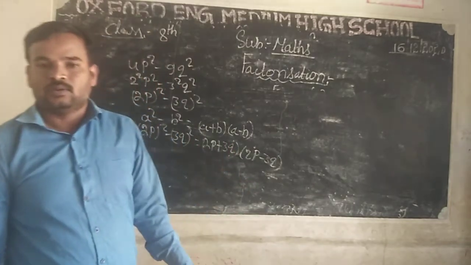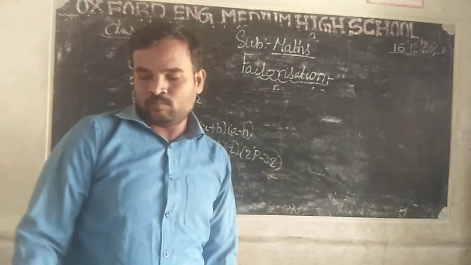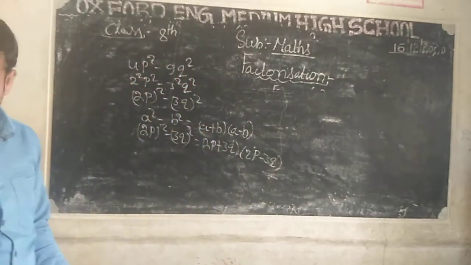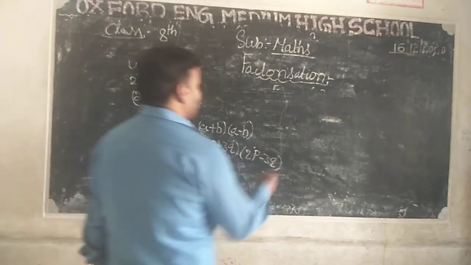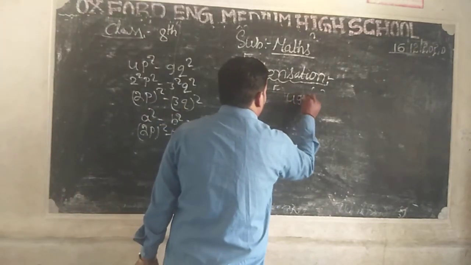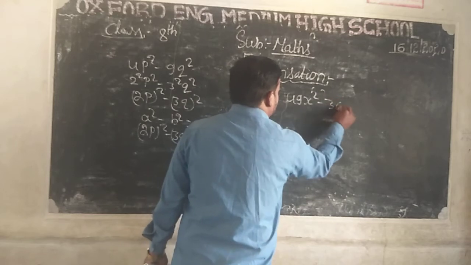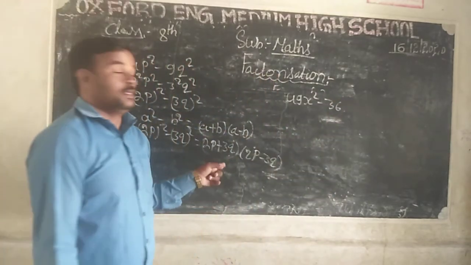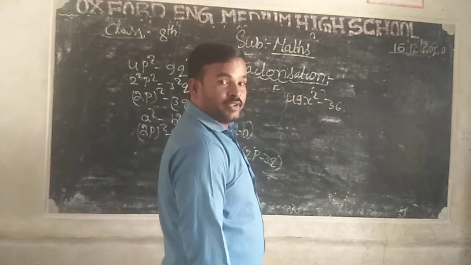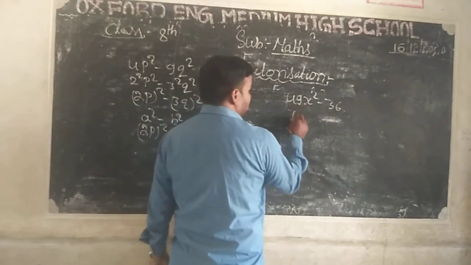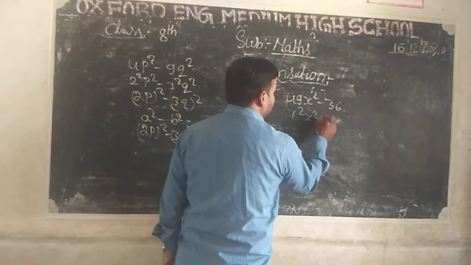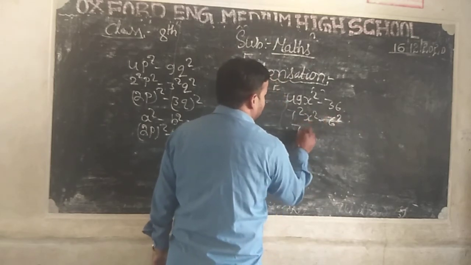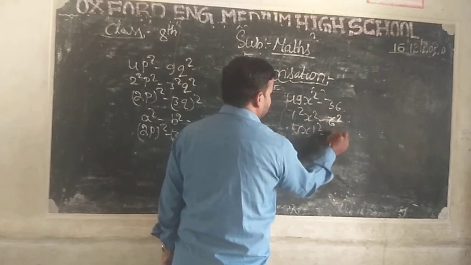Okay, so now let us see one more problem. 49x square minus 36. See, do this one yourself. 49x square minus 36: 49 in exponential form is 7 square x square, minus 6 square. So 7 square x square is nothing but 7x whole square minus 6 square.